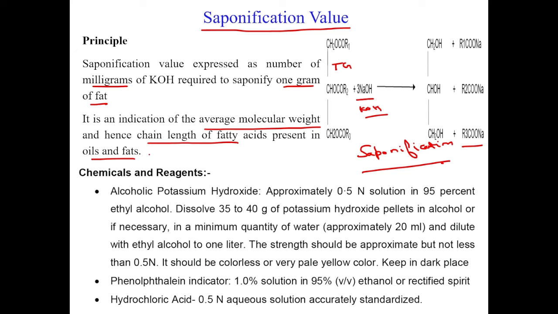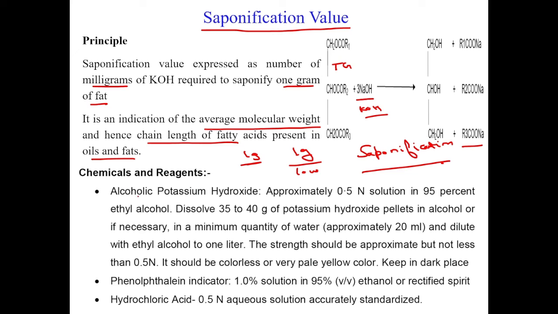Say in a ghee sample we have more short chain fatty acids, so in 1 gram we will have a larger number of such fatty acids, and therefore the saponification value of ghee is higher. Whereas if vegetable oil or animal fat is there, long chain fatty acids will be higher, and since long chain fatty acids are higher, 1 gram of fat will have a lower number of these fatty acids, and hence a lower saponification value. So this is the significance. It gives the average molecular weight of the fatty acids present in the sample.